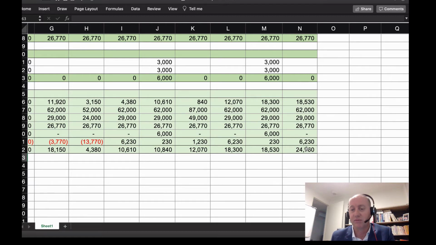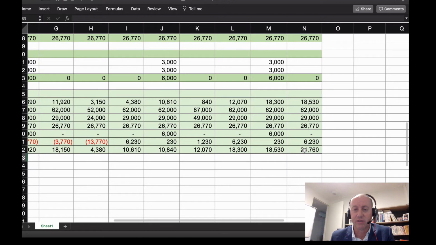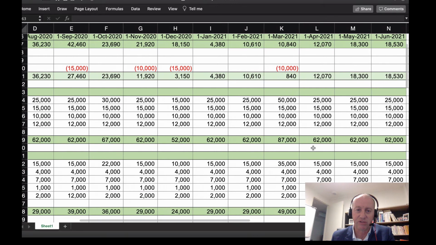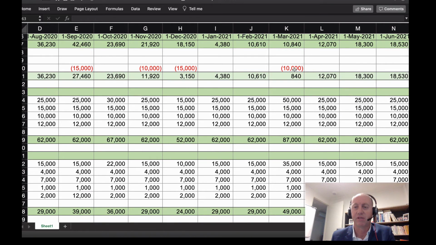So that means that there might be some issues and some costs that need to be trimmed out of the business. Looking up at the top of the cash flow, we see we've got some loans that are being paid back. So if we take those out, we can use that to work out quickly whether we're in a stronger position at the end of the year than at the start.